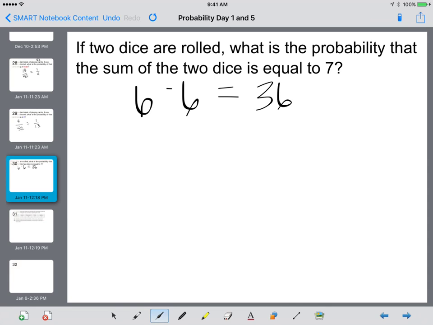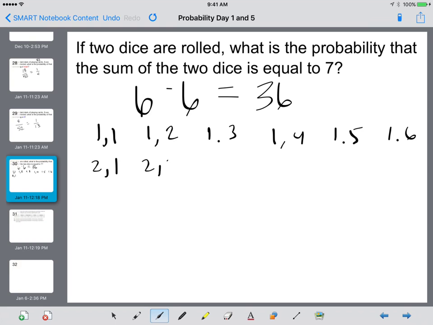Here's all of them. We could get 1, 1, roll a 1 and a 2, a 1 and a 3, a 1 and a 4, a 1 and a 5, a 1 and a 6. Or you could roll a 2 and a 1, 2, 2, 2, 3, 2, 4, 2, 5, 2, 6. We're wondering when the sum of the 2 dice is going to be equal to 7. Well, let's think about this.